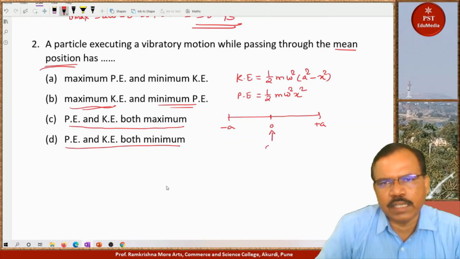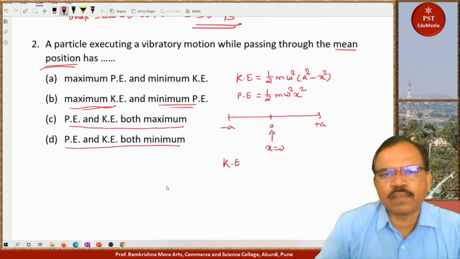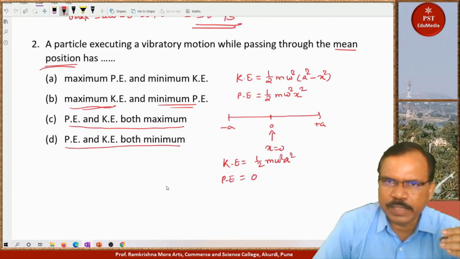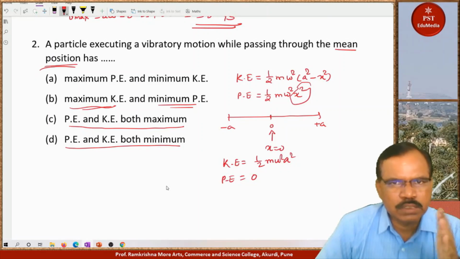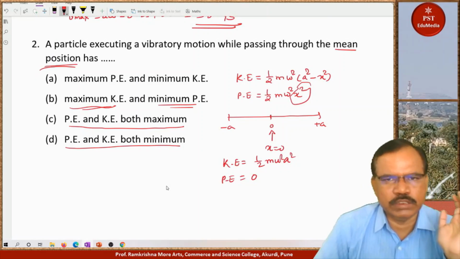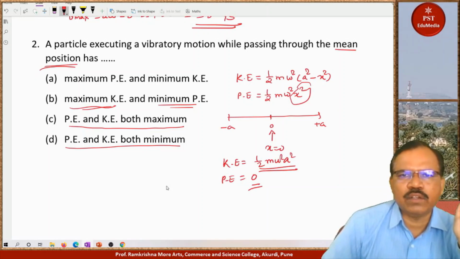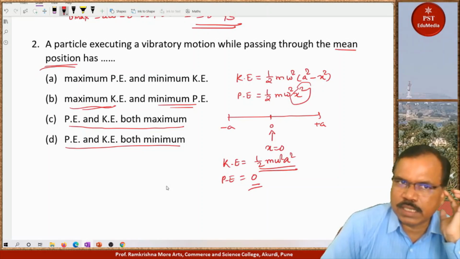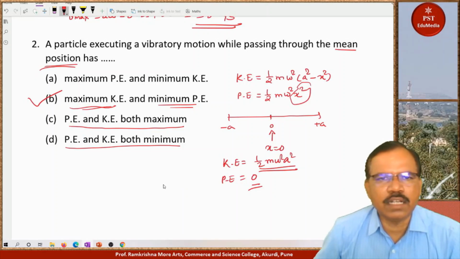So at this position x is equal to 0, you will get kinetic energy 1/2 m omega square a square and potential energy 0, and that is minimum. Here we have x square, so if x is negative, potential energy is positive. Similarly, kinetic energy is always positive. So minimum value is 0 and maximum value is this one. So at equilibrium position, maximum kinetic energy and minimum potential energy. So the second one is correct.